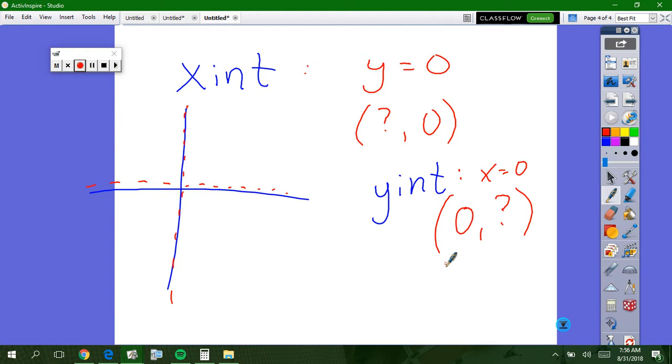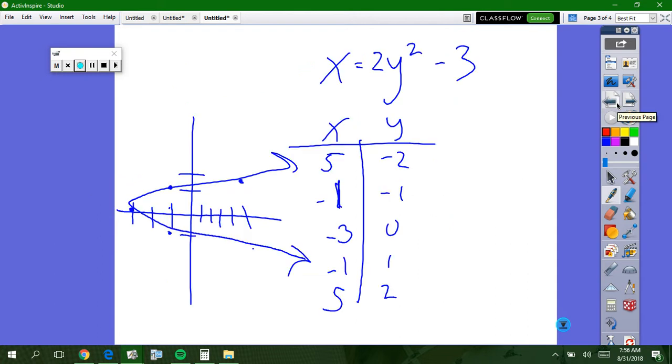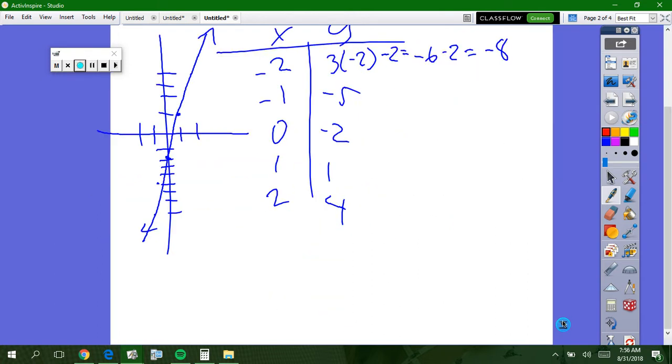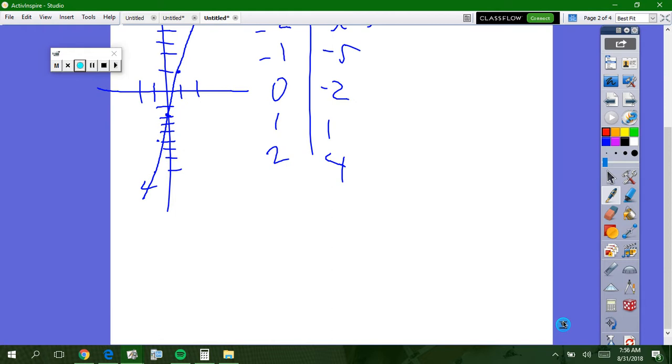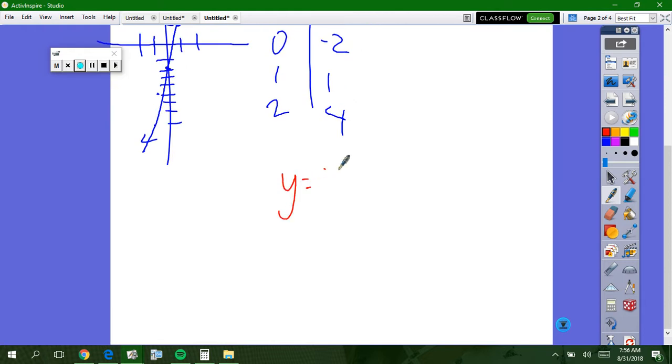Everybody there with me? So let's go back to our previous two examples, if you guys don't mind. So we had, was it y equals 3x minus 2, right? Okay. Let's go ahead and find our y-intercept. Once again, that's when x was 0, right?